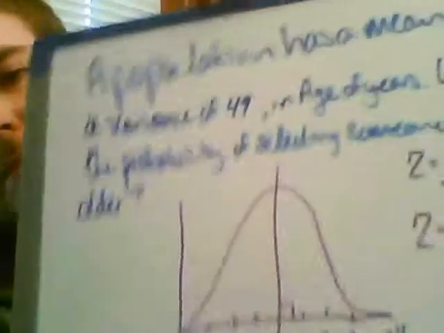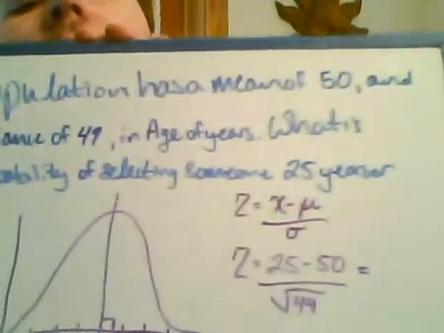I did the problem when it gave us variance because that's how we're going to get it in class. So you would take it all over the square root of 49. Like that.